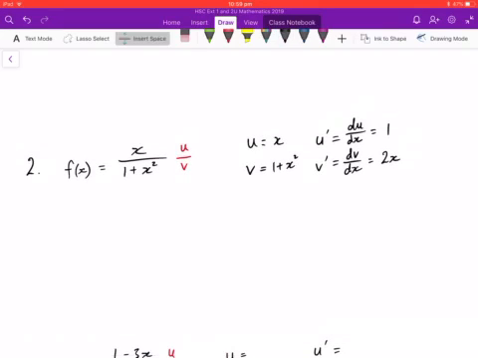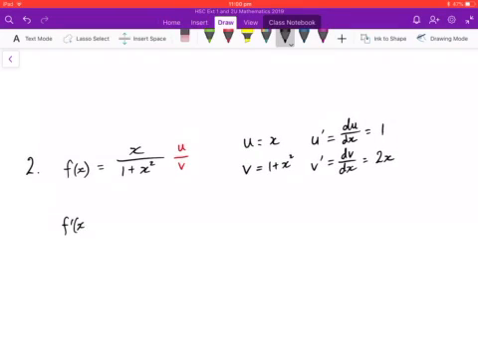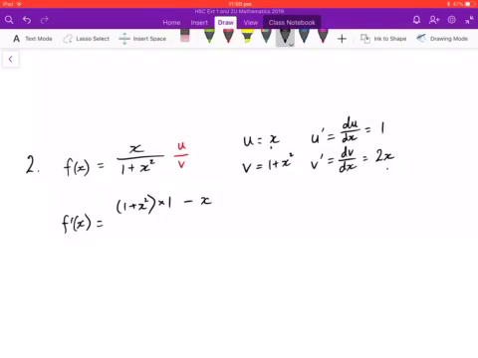Now, I'm just going to insert a bit of space here. So, if we do f dash x, what do we get? Well, again, it's v u dash, 1 plus x squared times 1, minus u v dash, right? So it's going to be minus x times v dash, which is 2x, over v squared.